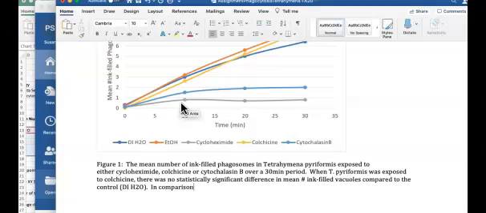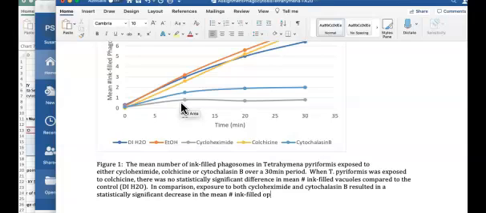In comparison, exposure to both cyclohexamide and cytocollagen B resulted in a statistically significant decrease in the mean number of ink-filled vacuoles, or phagocytomes, I'll say, in the cells when compared to the controls.